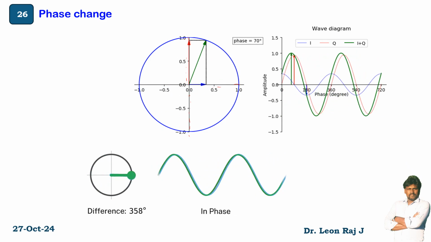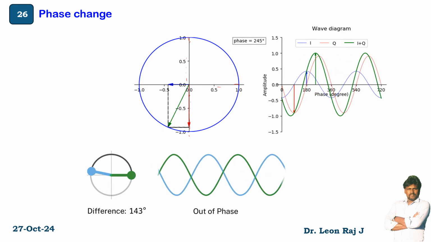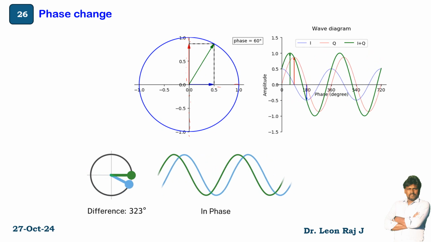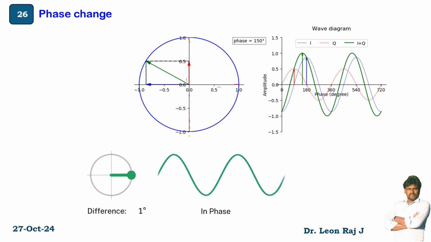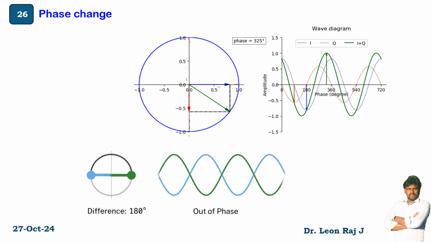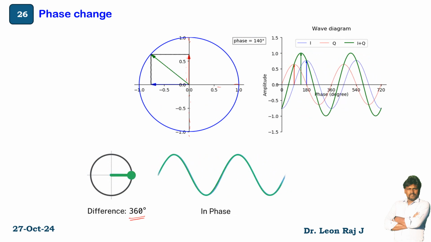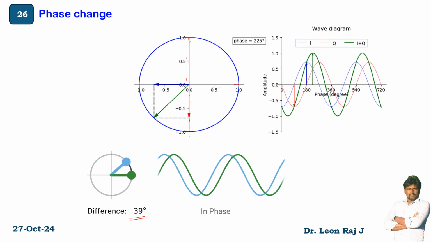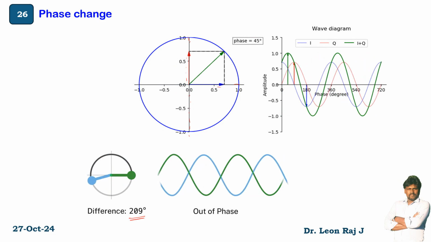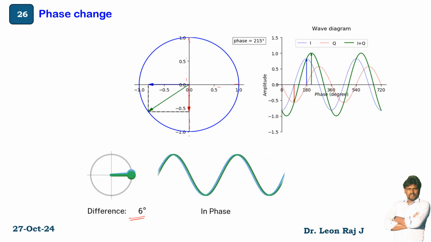So here the nice animation is shown, how the phase angle changes with respect to theta. When the phase difference is 360 degrees, there is no phase change. When it is 180 degrees, it is out of phase. When it is 90 degrees, there is a phase change.